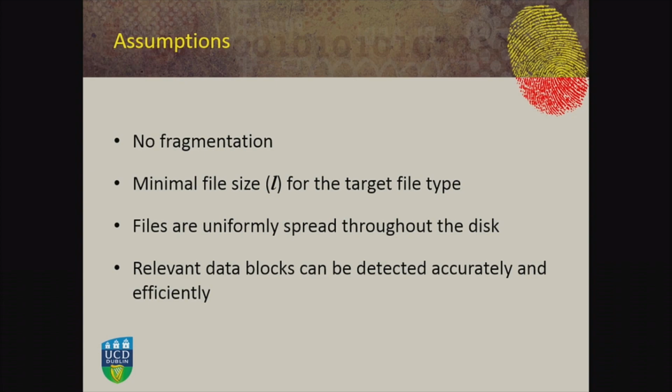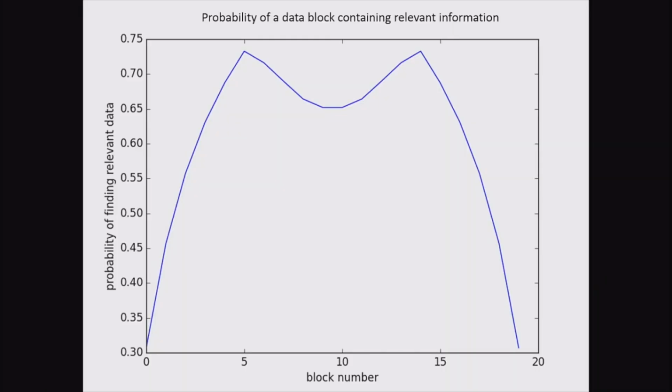And very importantly, we have a detection algorithm which can accurately and quickly determine if a particular data block contains relevant information. When we did some simulations, this is the probability distribution we obtained. To me, it looks a little bit like a cat's head. And the position of the ear is exactly L blocks from, say, the start of the drive or from the current position of the last examined block.